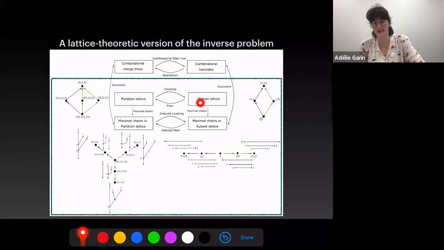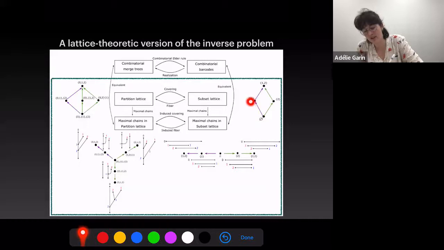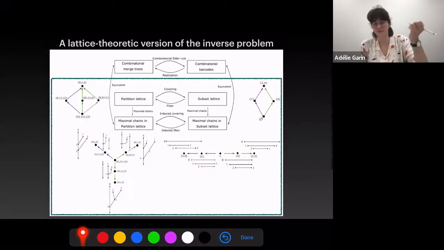Now the subset lattice is just considering all the subsets of this set here, only 1, 2. And it's just a poset, so the order is just given by inclusion. So again, here it's quite simple for just 1, 2. You start with the empty set. You either have 1 or 2, and then you end up with just 1, 2 here.